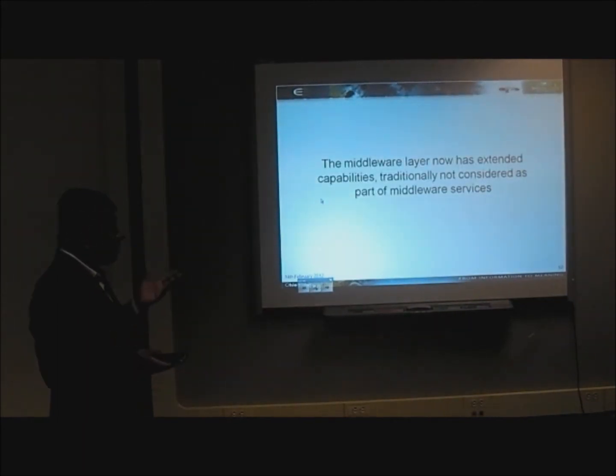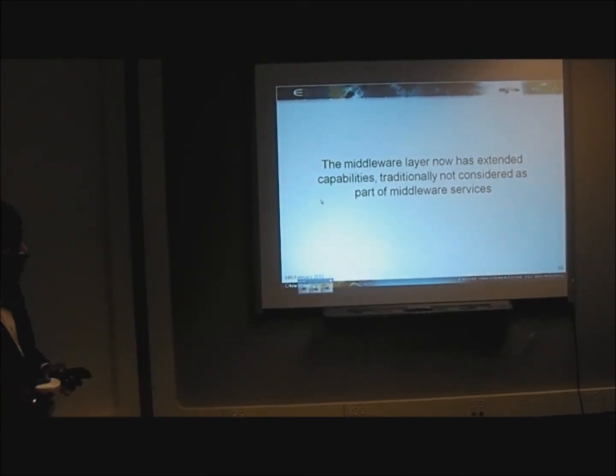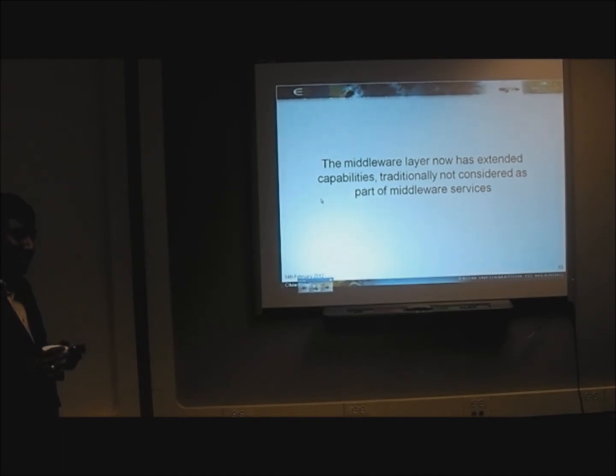Now this is what I was saying. The function and the role of the middleware is now different. So we might not even call it a middleware layer. But if you look at again the original picture from Phil Bernstein, you could think of it as a standard API to access this.